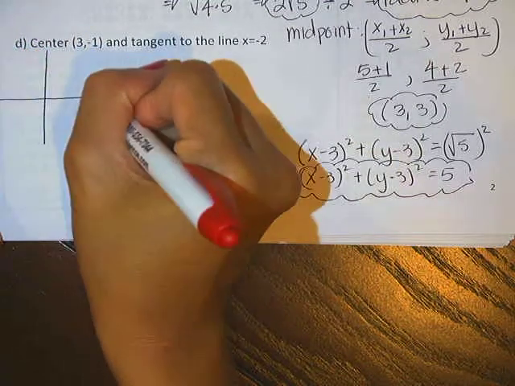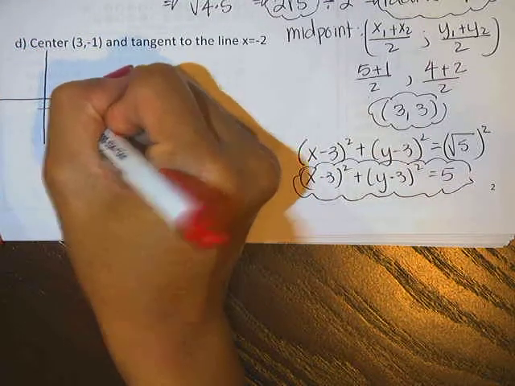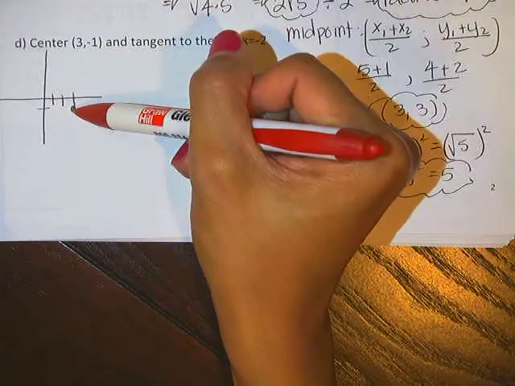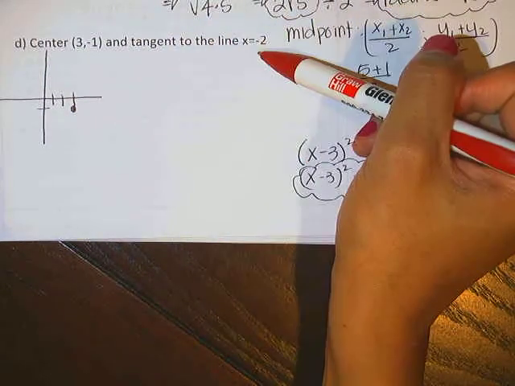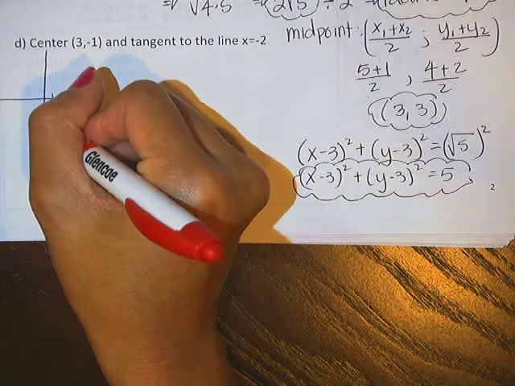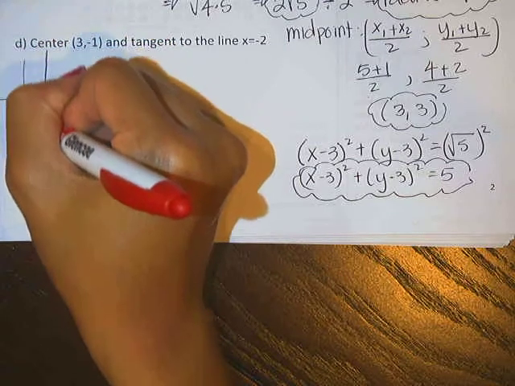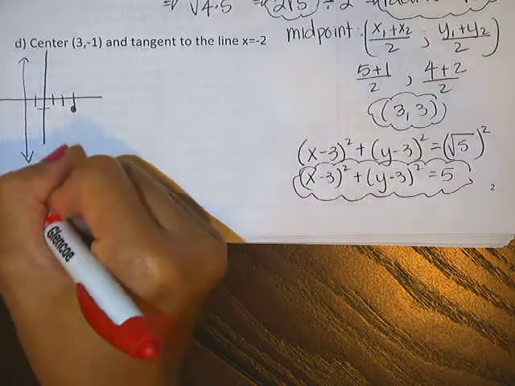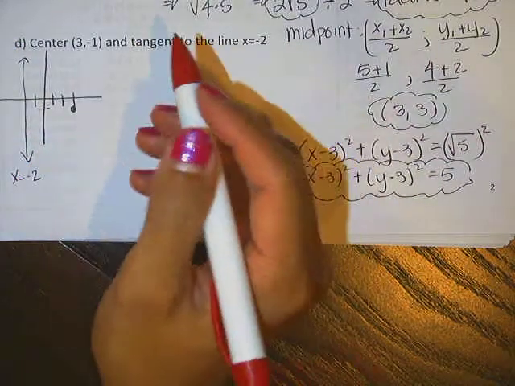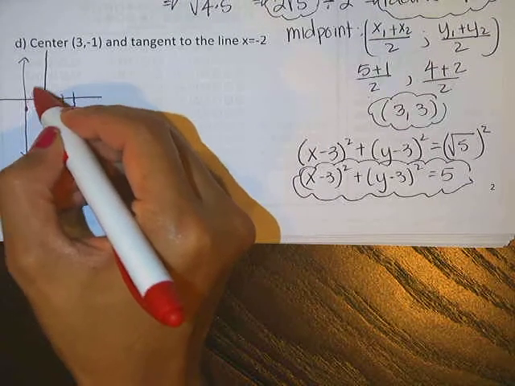Here we go. 1, 2, 3, here's negative 1. This is my center. And this circle is tangent to the line x equals negative 2. Here's x equals negative 2, and I'm supposed to touch this line at one and only one point.